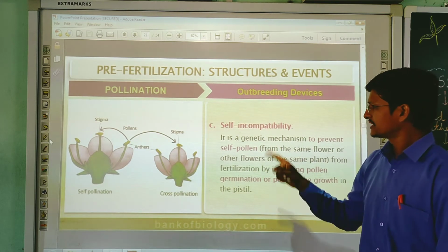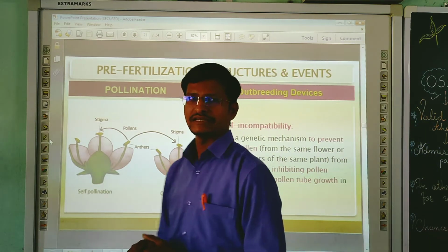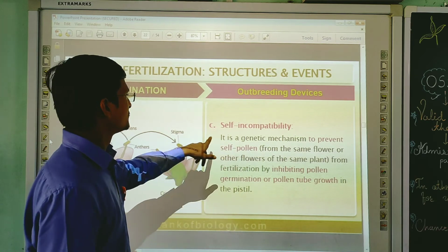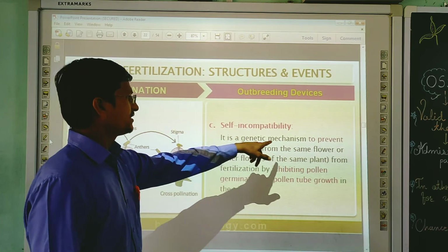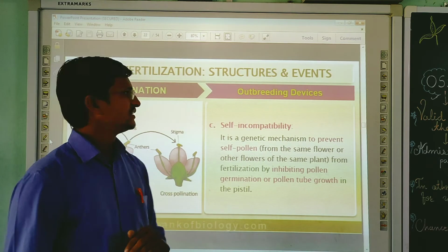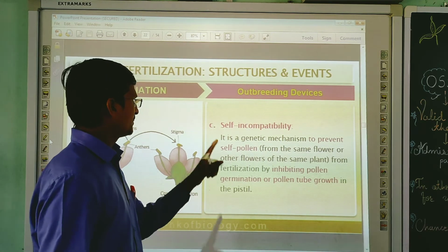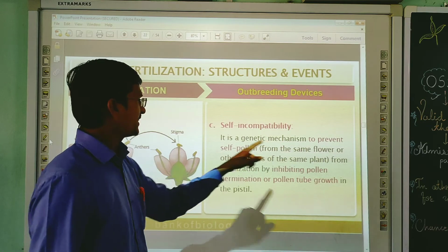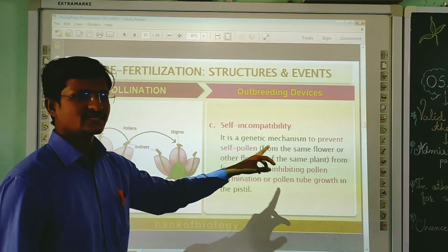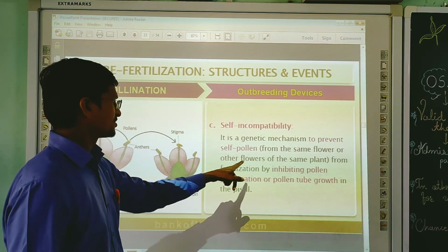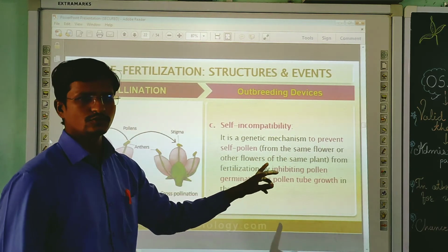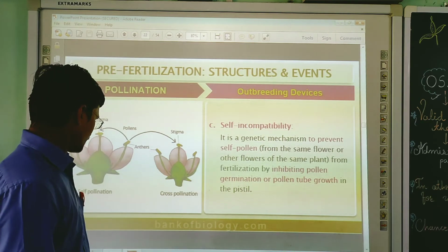So this process is the self-incompatibility. So once again I am reading. Remember, it is a genetic mechanism to prevent self pollen from the same flower or other flowers of the same plant from fertilization by inhibiting pollen germination or pollen tube growth in the style.